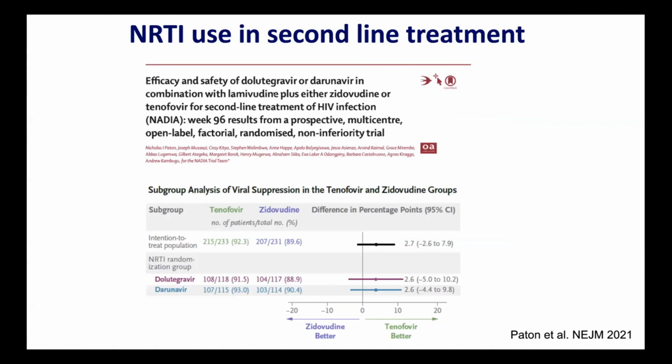One other point I'd like to make is based on the NADIA trial, and Dr. Shafer will be telling you more about this trial, which I think is a very important trial.